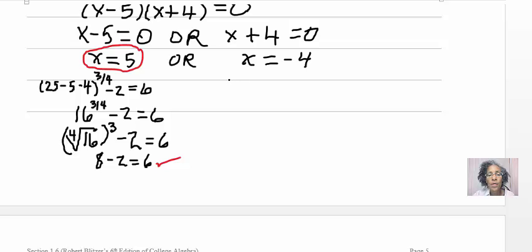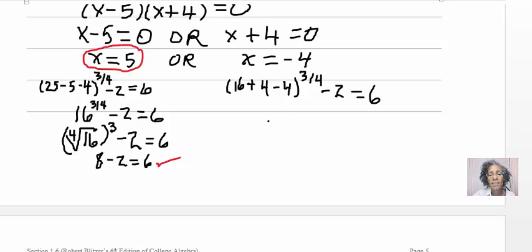When I square negative 4, I get 16. 16 minus negative 4 is 16 plus 4, minus 4 to the 3/4, minus 2 needs to equal 6.